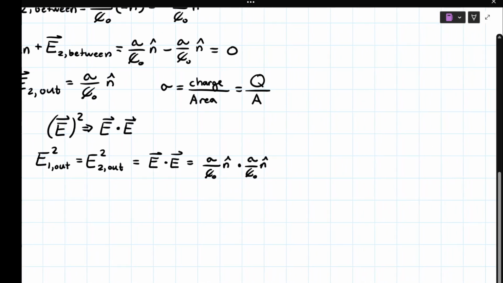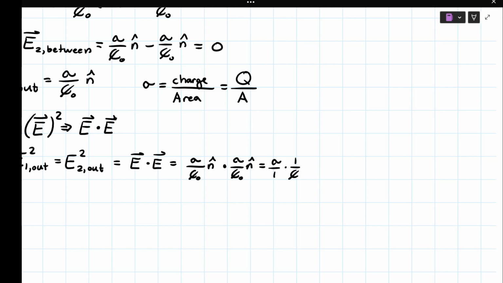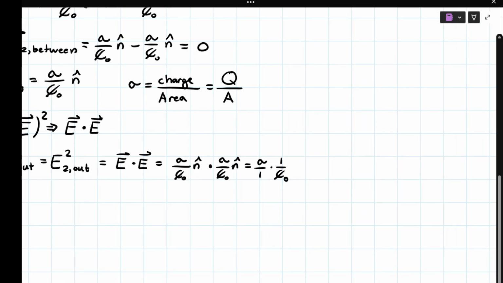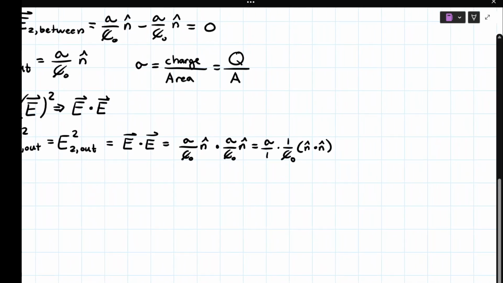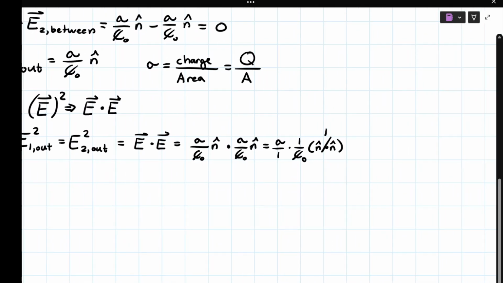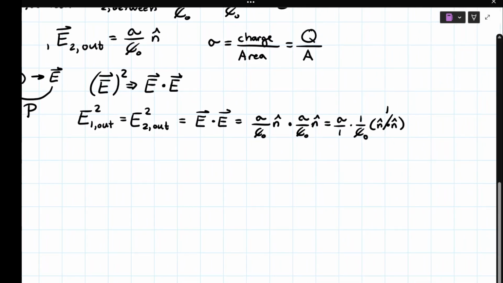We can distribute them out immediately: sigma squared times 1 over epsilon naught squared, and it's n hat dotted n hat. If you take the dot product of two unit vectors that are parallel, it gives you 1, so this goes away.